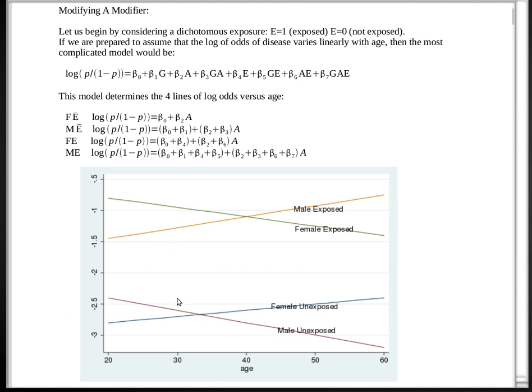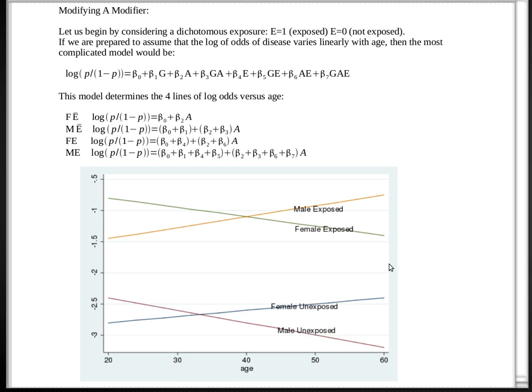What is that saying? It's saying the log of the odds ratio for the men is increasing with their age, meaning that the association between disease and exposure is increasing in its magnitude for the older men. Hope you can see that.